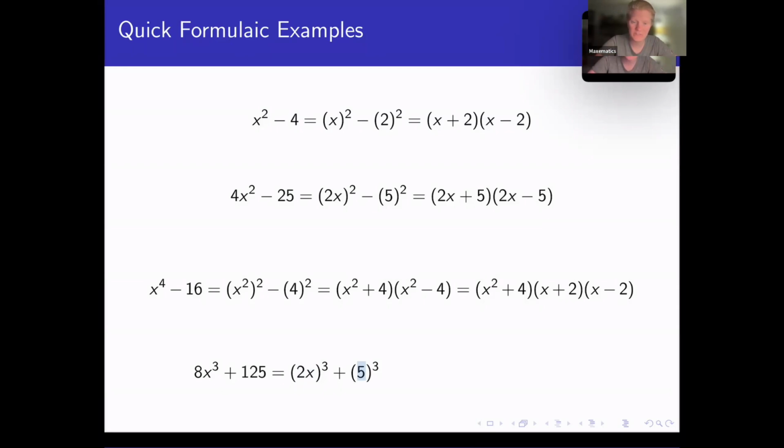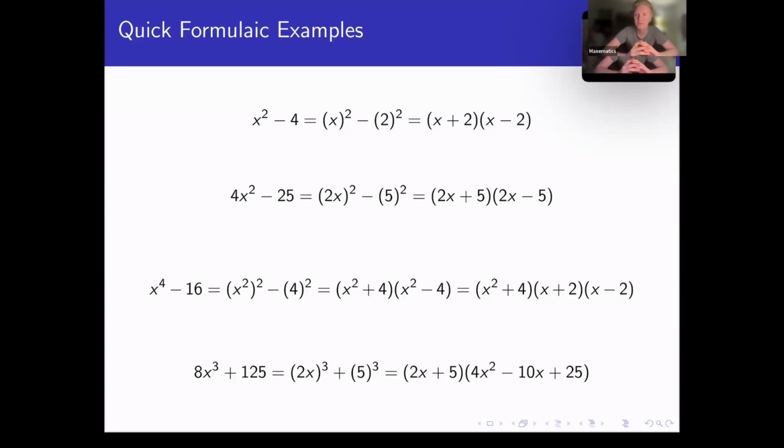For sum of cubes, we can look at the previous slide, but it is (a + b)(a² - ab + b²). A + b times a squared, 2x times 2x is 4x², minus ab, 2x times 5 is 10x, plus b², 5 squared. So if it helps you to label these things out as a's and b's, you should absolutely do that.